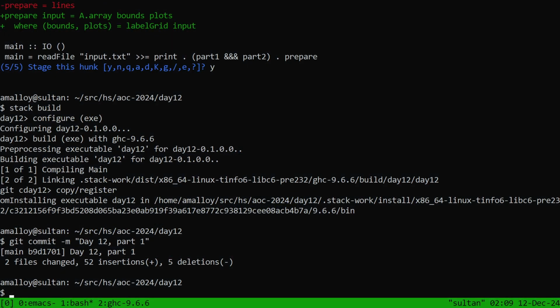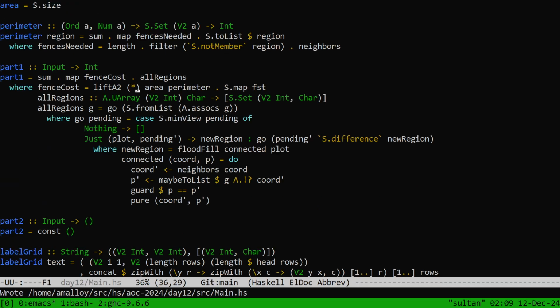That's fine. I haven't worked out yet how to compute the number of sides, but I know one thing I have to do is lift out a bunch of this code from part 1, and indeed we do just want the same regions for part 2 that we did for part 1. And I think it really is just lifting out this all regions function, right? All regions isn't closing over anything.